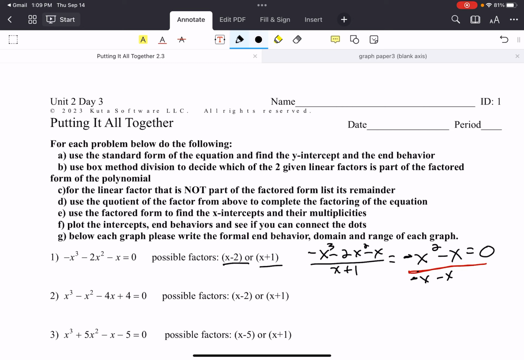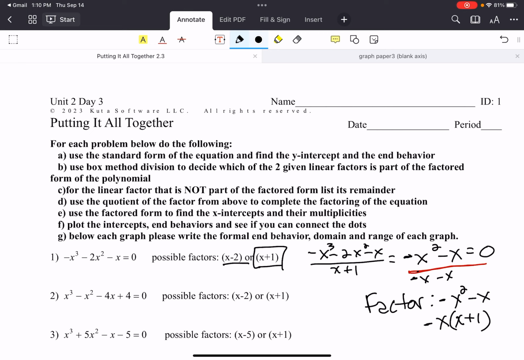So if I were to just say factor negative x squared minus x, you'd tell me negative x and then x plus 1, right? And this is a cubic, right? But I only see 2 factors here. But didn't we already divide out one of the factors? It was this, right?